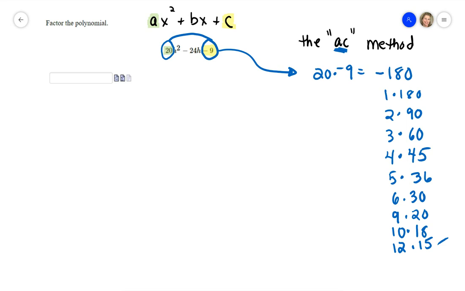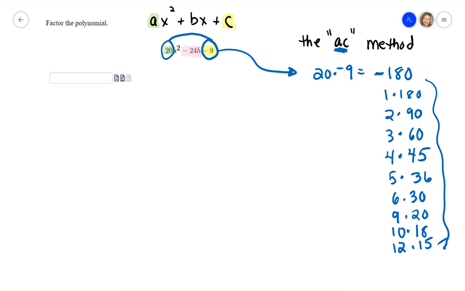Now, what you're going to be looking for is the pair that will add up to the -24. Looking at this list right here, these two numbers have to do two things. They have to multiply to give you -180, but they also have to add up to -24.